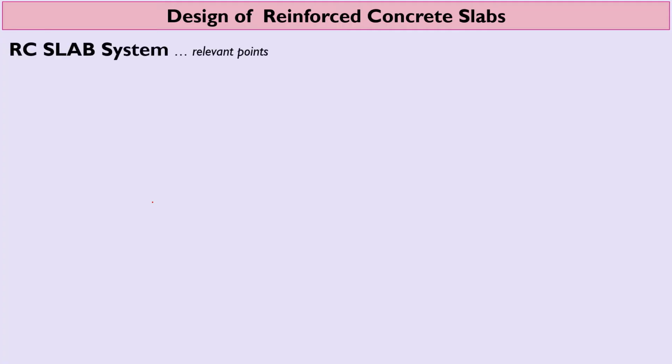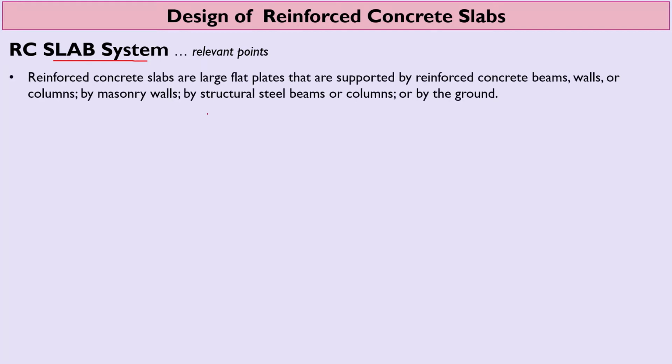So first of all, let us understand what is basically the RC slab system and what are the various relevant points which we have to keep in mind while doing the analysis as well as design of the slab. So let us try to understand the definition part, that how we can define a slab.